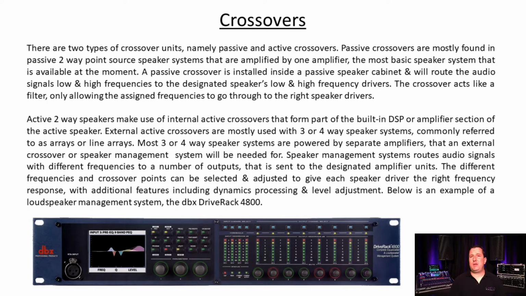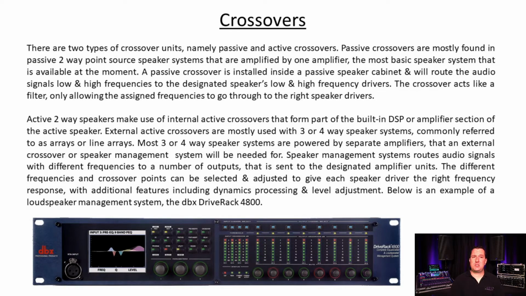Active two-way speakers make use of internal active crossovers that form part of the built-in DSP or amplifier section of the active speaker. External active crossovers are mostly used with 3- or 4-way speaker systems, commonly referred to as arrays or line arrays. Most 3- or 4-way speaker systems are powered by separate amplifiers that an external crossover or speaker management system will be needed for.